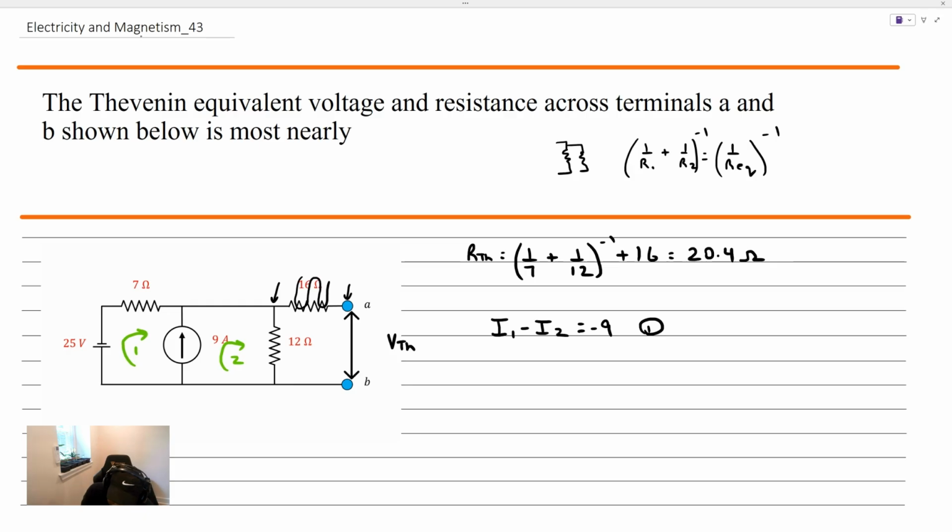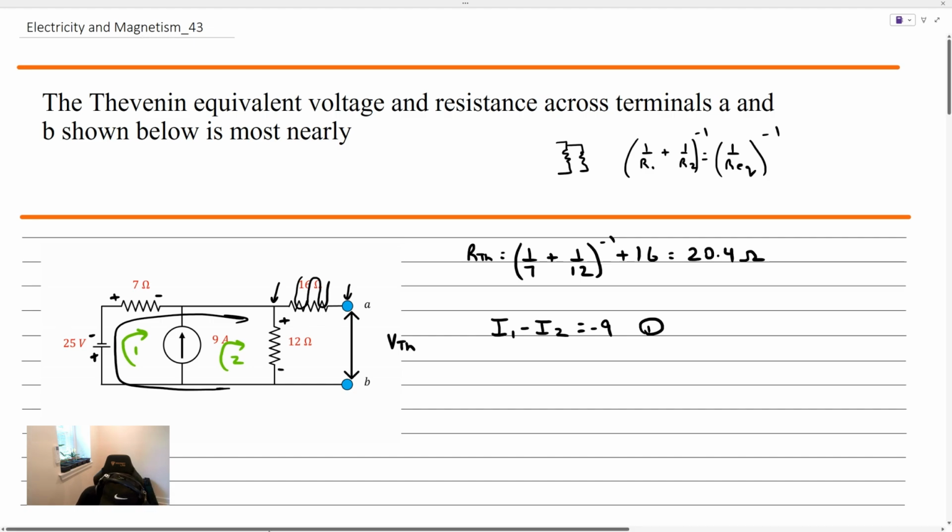Our second equation, if we analyze this overall loop here, which is the combination between the first and second loop, we can label some of our signs, a plus and minus. And if we're going clockwise around this loop, what you can see is that we're going to have a voltage drop here across all these resistive elements, but the source sign is based off of the smaller side as a negative.